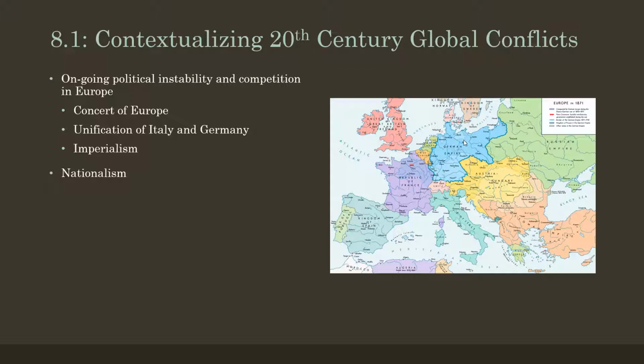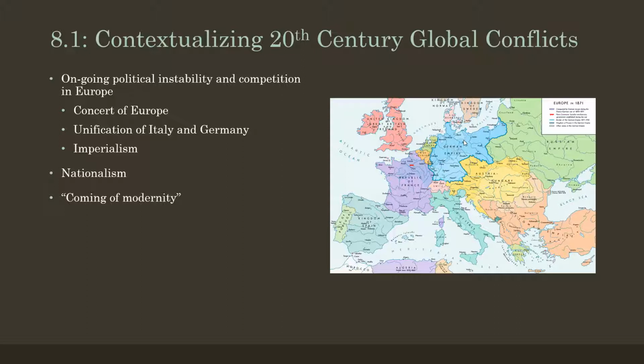Nationalism, obviously, we've talked about it since the French Revolution, but nationalism is also affecting what you are seeing on the map here. This is 1871, and the quest for self-determination and that process that is still playing out across Europe throughout the middle to late 19th century and into the 20th century. Also, the coming of modernity and the idea that things are changing rapidly post-industrialization.